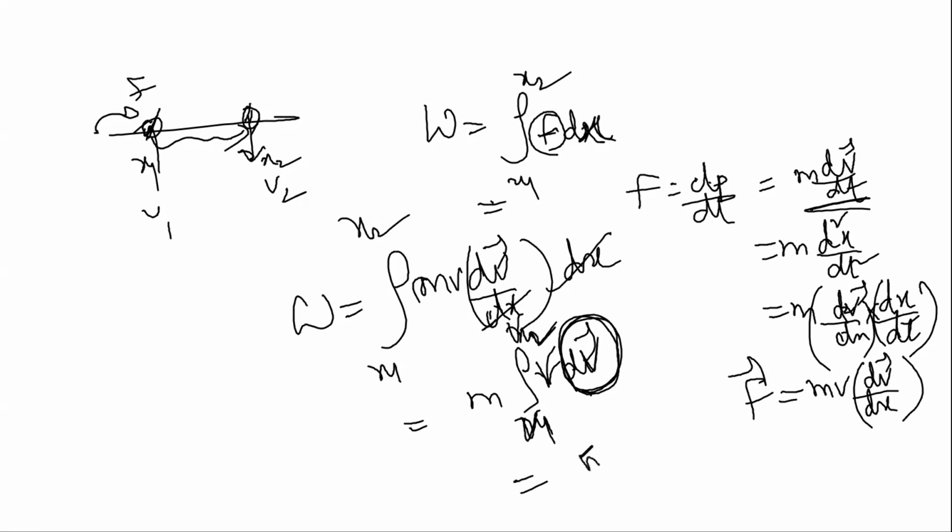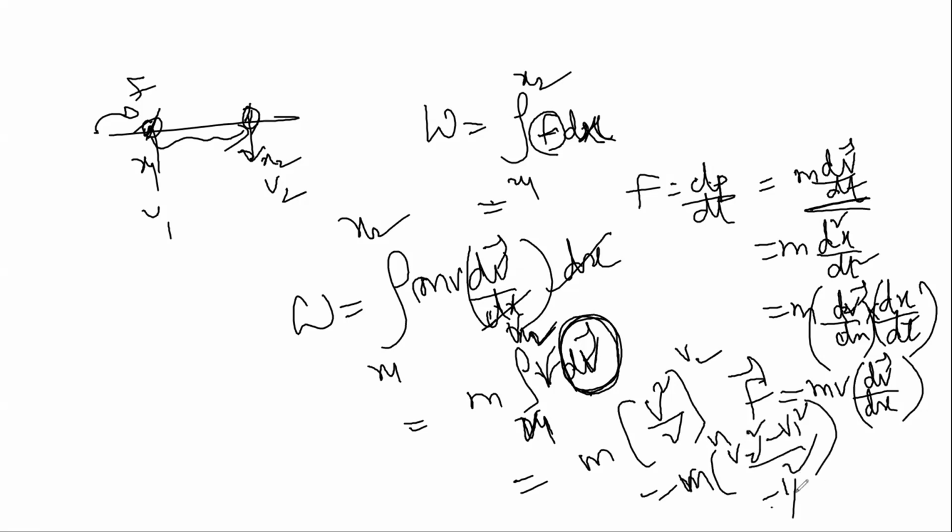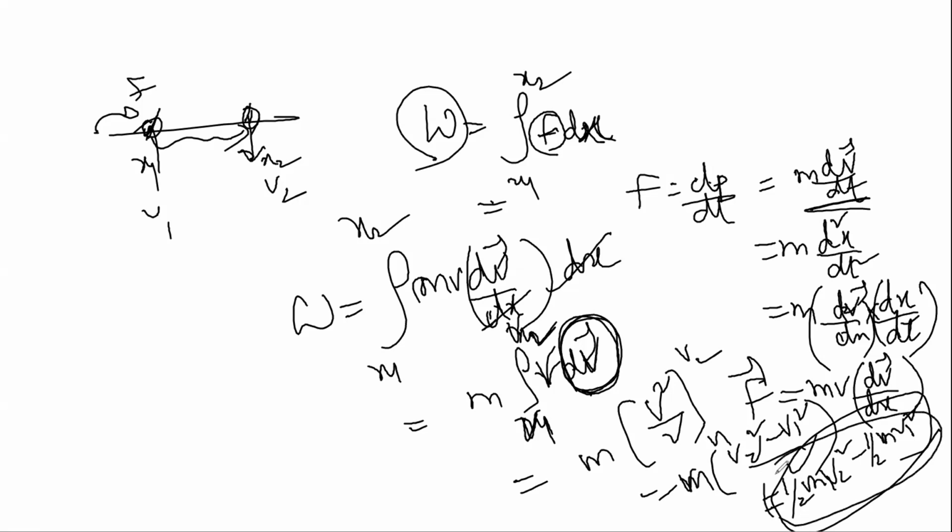So I get m into v square by 2 from v1 to v2, which is m times (v2 square minus v1 square) by 2, that is half m v2 square minus half m v1 square. That is the change in kinetic energy. So work is related to the change in kinetic energy. This is the work energy theorem.